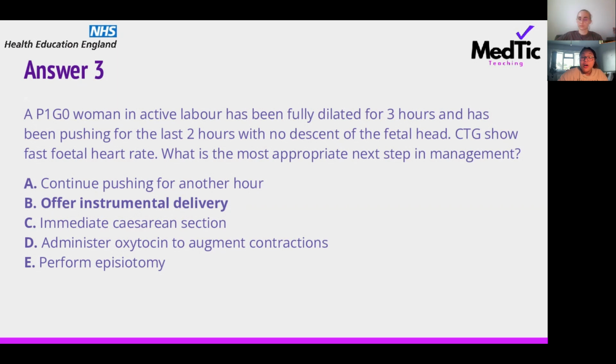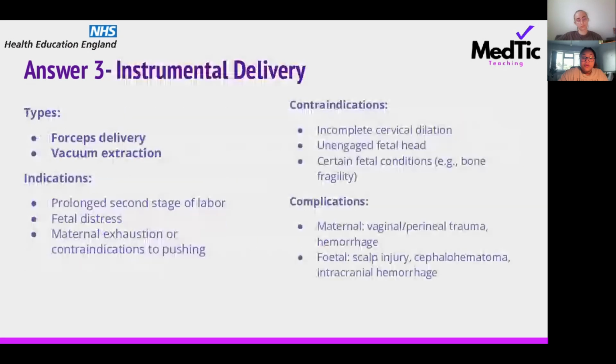And we've also got a woman who's been fully dilated for the past 3 hours, and has been pushing for the last 2 of those hours, with no descent of the fetal head, which potentially indicates the woman's at risk of becoming tired. And then we've also got the increased risk of fetal distress as well.